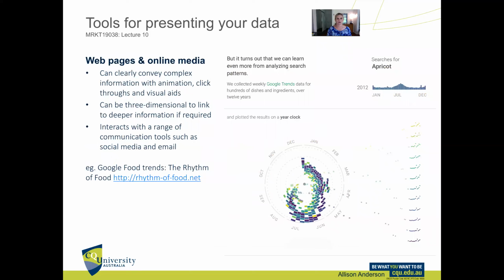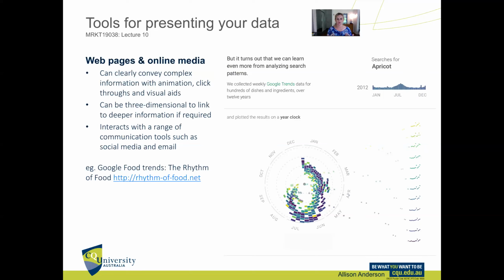All right, web pages and online media. Okay, so this is my Rhythm of Food. I've given a link on the Moodle site as well. If you just click on it, it's pretty cool. So web pages and online media can clearly convey complex information with animation, click-throughs and visual aids. They can give you this lovely interface.